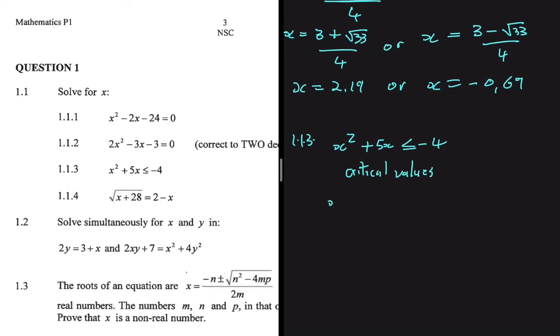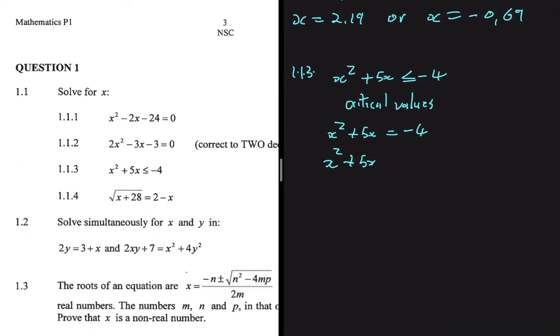So we're going to have x squared plus 5x being equal to minus 4. So this will be x squared plus 5x, and then minus 4. If we take it to the other side, we should have plus 4 being equal to 0, right?